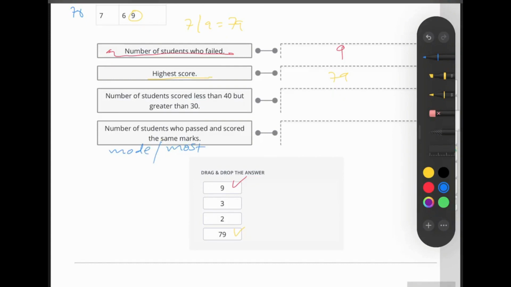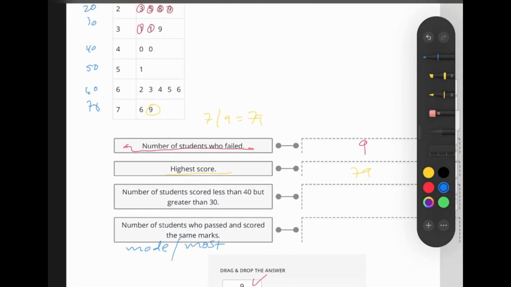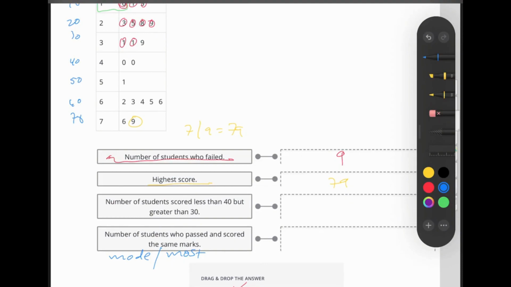Number of students who passed and scored the same marks. So if I'm looking there, I see these. So this would be 40s. But let's see. Number of scores scored less than 40, sorry. That's wrong.